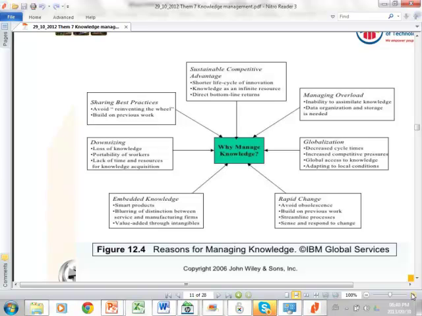Okay, so rapid change. We've already spoken about the changes in technology, and you know, in the electronics industry. The fact that technology changes so rapidly means that if I start with a certain component today and it takes me 6 months to design my product, by the time my design is complete, it's already obsolete.